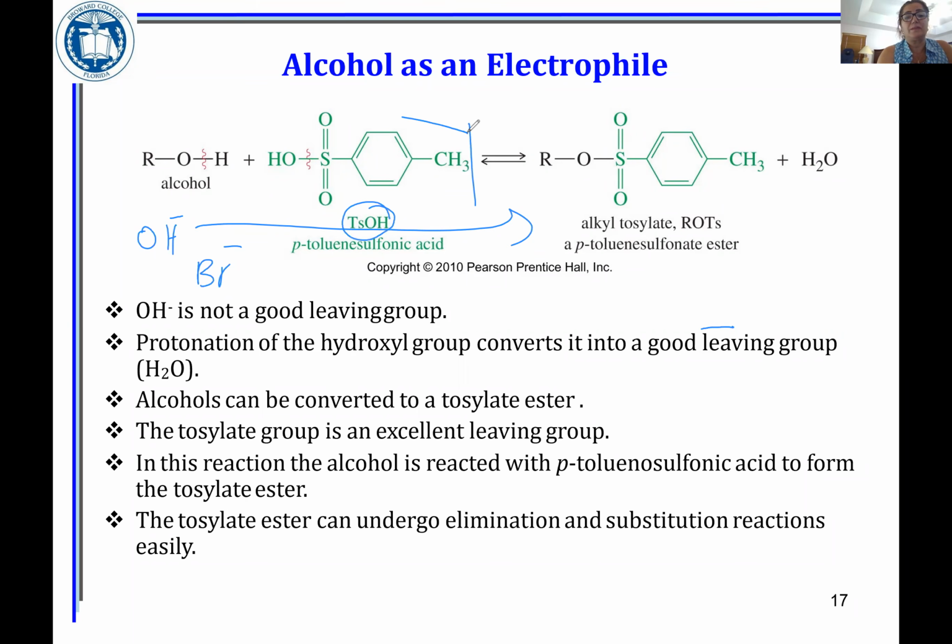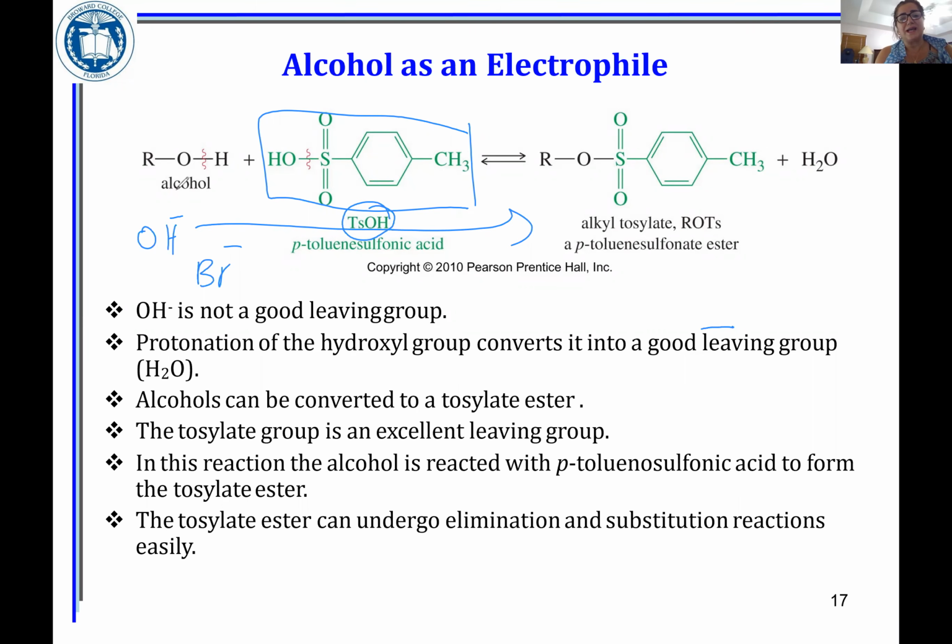Even if you don't remember this structure, you should be able to recognize it. If you don't remember how to draw it, it's okay, as long as you know TsOH, the abbreviation for paratoluene sulfonic acid, which is the tosylation reagent. Then you tosylate the alcohol. What happens?